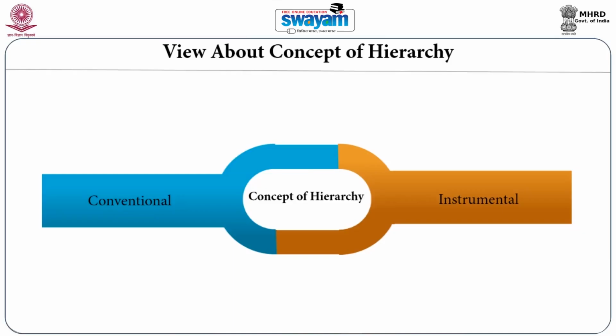Then we look at the alternate view of hierarchy, that is instrumental hierarchy. If you look at the first view of hierarchy, you see that the superior and subordinates have unequal relationship. There is a scope for delay. There is a scope for bossism if you go by the conventional view of hierarchy.